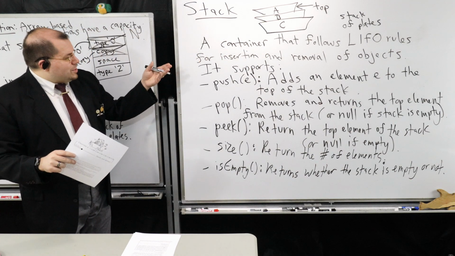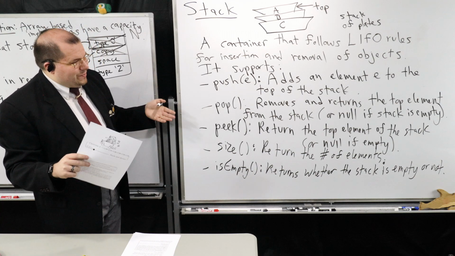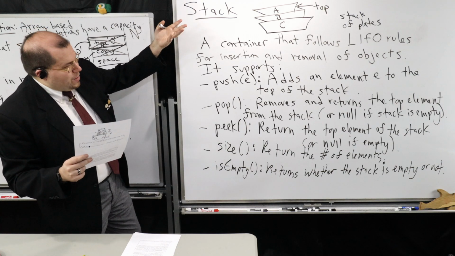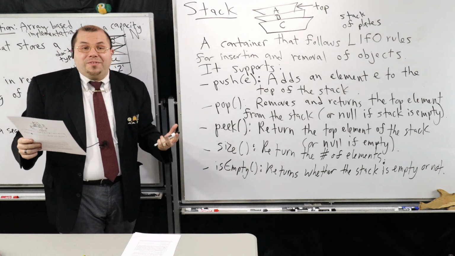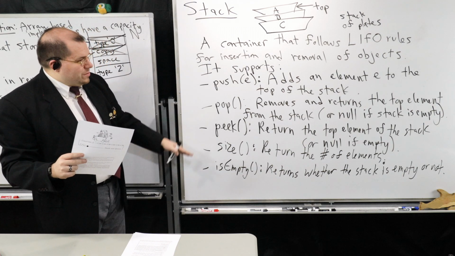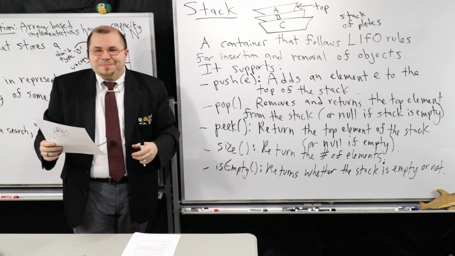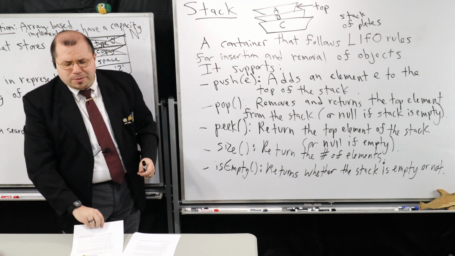These are the methods of a stack. If I can implement all of these operations and they behave like this, then I can call what I have a stack. Are there any questions before I proceed to talk about ways to implement a stack?